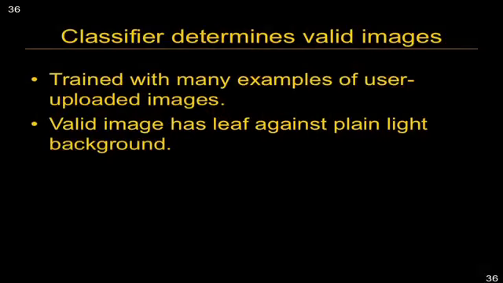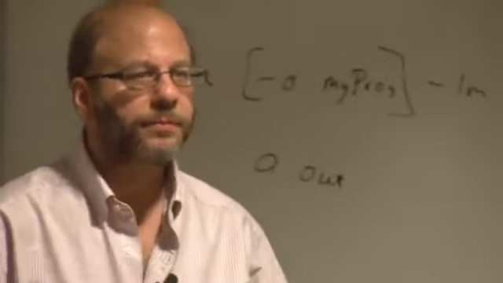And so we just train a classifier with many examples. We took images that people had uploaded and labeled them as either valid or invalid just by hand. So we just went through and labeled a few thousand images as valid or invalid, and then trained a classifier to tell, is this leaf valid or not? And we find that this kind of classifier can work correctly about 98, 99% of the time.